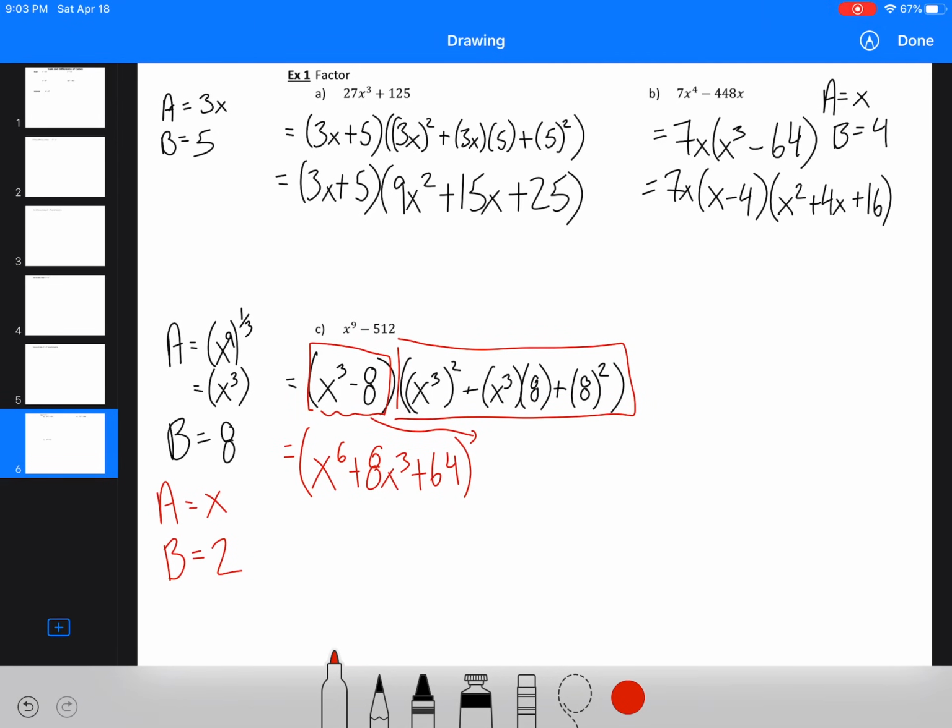But now this bracket, I'll leave it the same color. This bracket is going to come over here, and what we're going to have is x minus 2, and then x squared plus 2 times x plus 4.